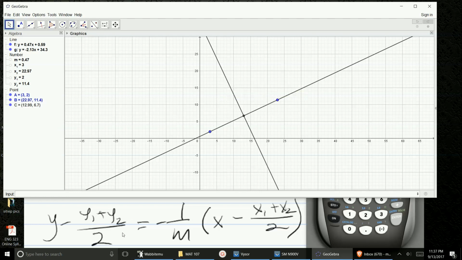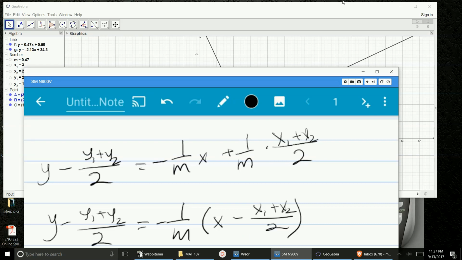It's built into it. If you plugged it in, you just get 0 equals 0. So it's an obvious solution to that line. So to show that it's really the midpoint, all we've got to do is show that it lies on this line, and that it is in fact the intersection of the two lines, and then we're done. So that's what I'm going to do.